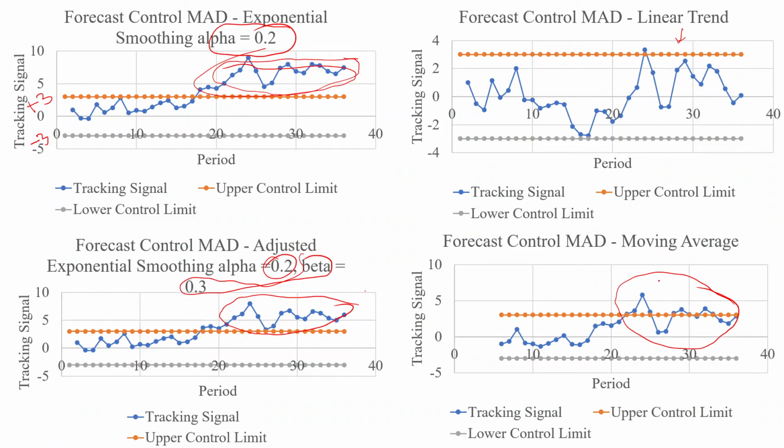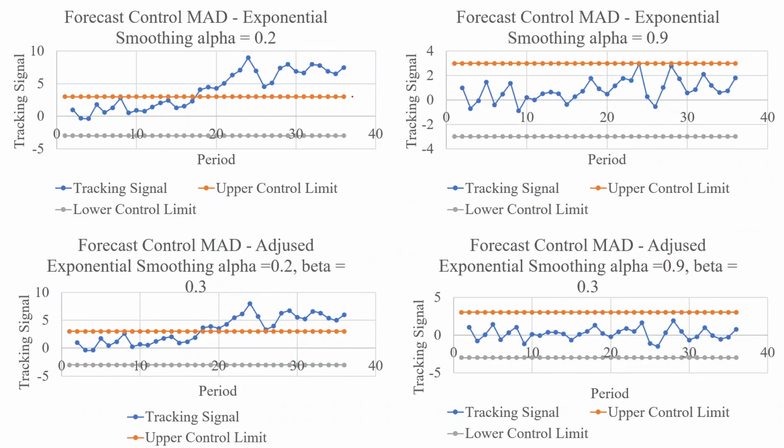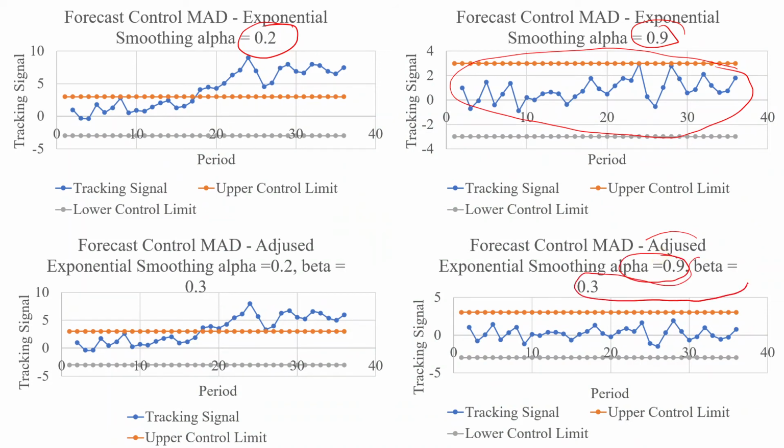However, I have just changed this smoothing constant from 0.2 to 0.9, and as you can see, the data is immediately predicted well, and even better with the adjusted smoothing, where the smoothing constant is 0.9 and the trend factor is 0.3. By that you can see it's doing really well.